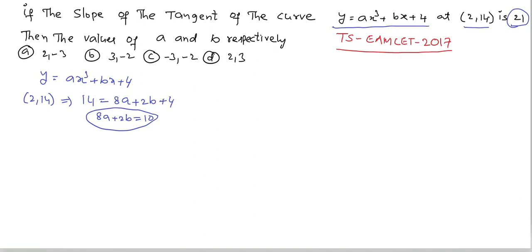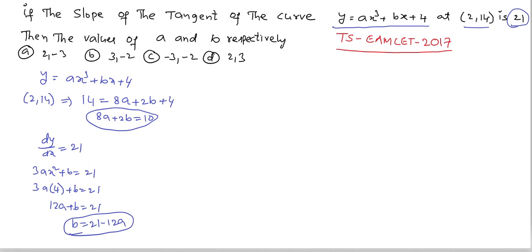And the given curve has slope 21 at that point, that means dy by dx of that curve, that is 3ax squared plus b, is equal to 21. This slope is at (2, 14), so substituting x is equal to 2, that is 2 squared is 4, we get 12a plus b is equal to 21. So b is equal to 21 minus 12a.